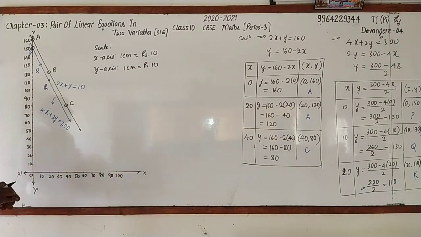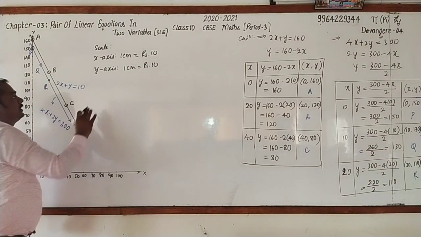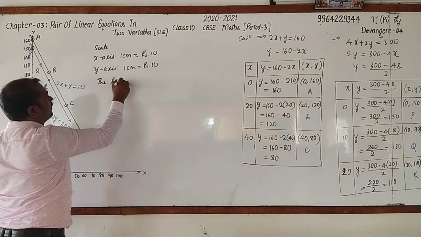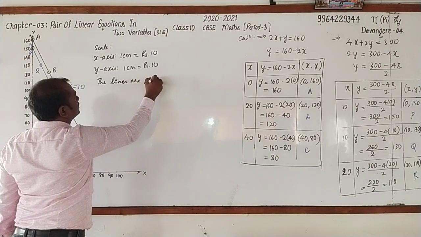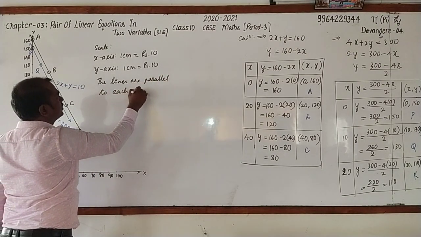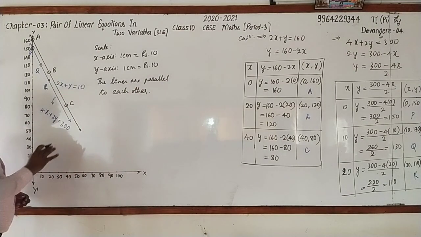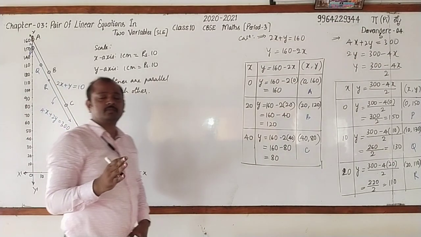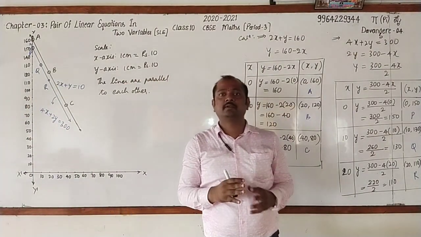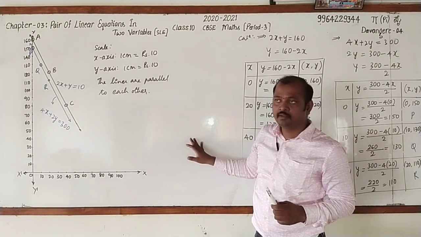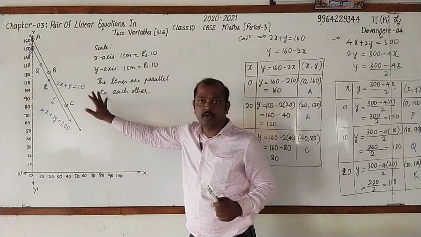And the lines are parallel to each other. That means they do not intersect at any point. So from this we can conclude that the cost of apple and grapes in two different situations was different. Clear? Now please go for drawing the graph.